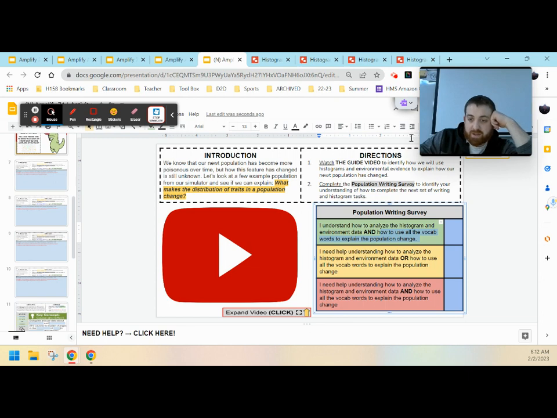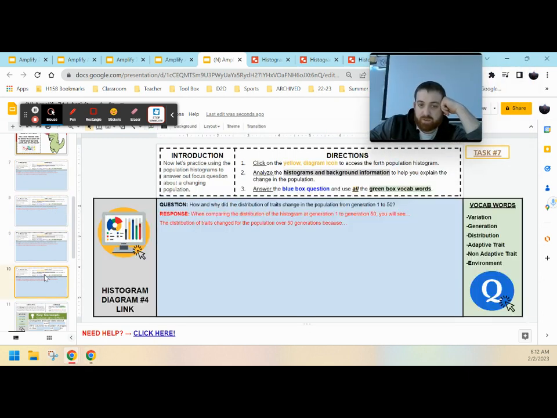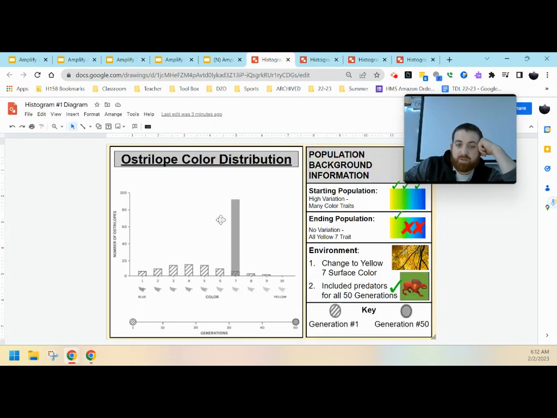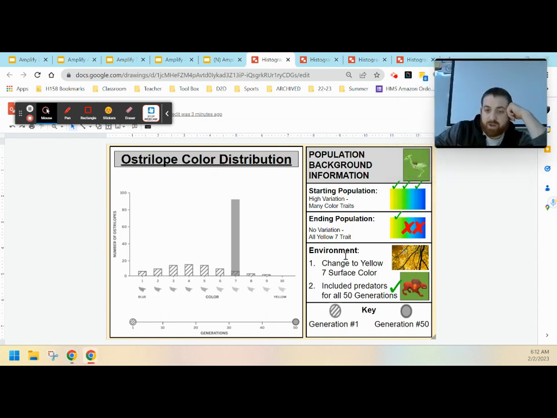So in the next four tasks, that would be tasks 4, 5, 6, and 7, you'll notice that they all look the same, but each one's going to have a different histogram diagram that you're going to be exploring. And each one will have a histogram for our sim populations, some background information about its starting population, ending population, environment, and some general key information.